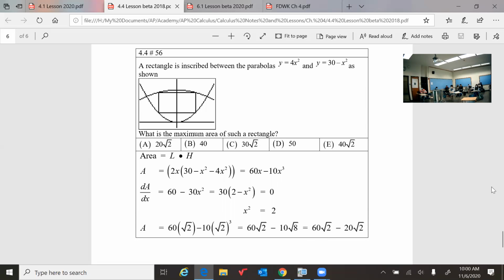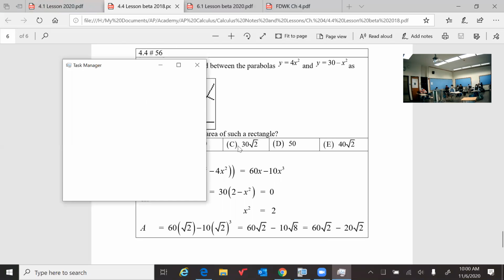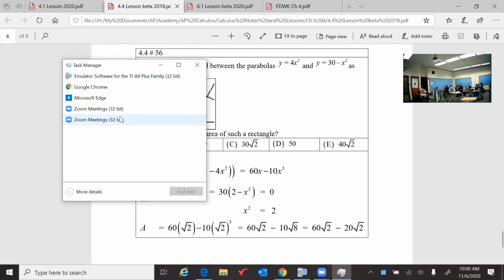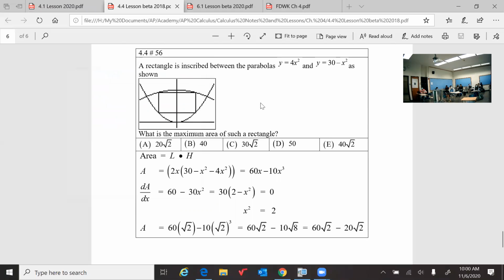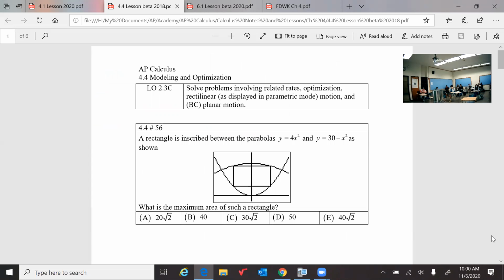So now what? Well, what were the choices? The multiple choice. Root 2 is not a choice.